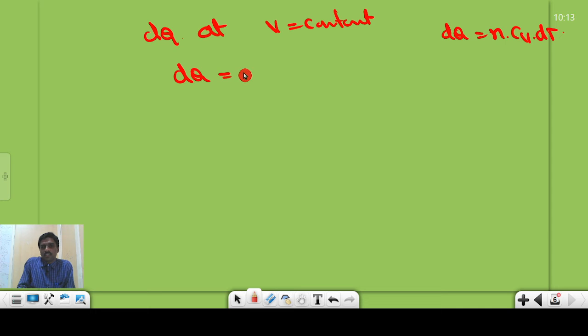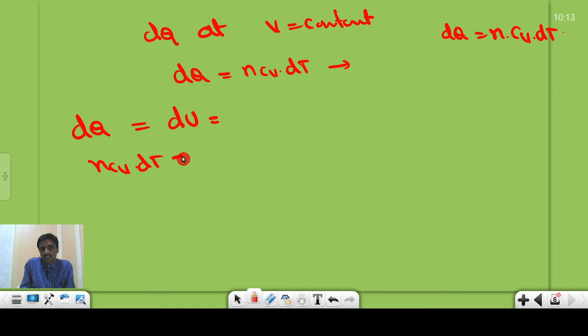So dq is equal to nCV delta T, but as per the first law of thermodynamics, at constant volume dq is equal to dU, so nCV delta T is equal to dU.